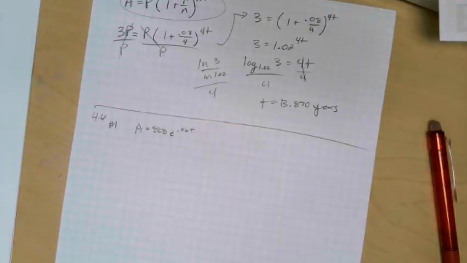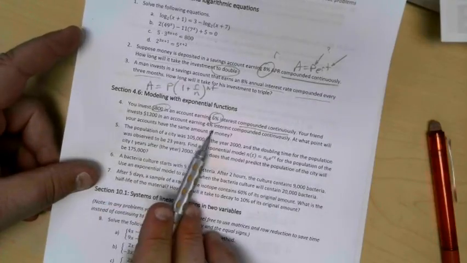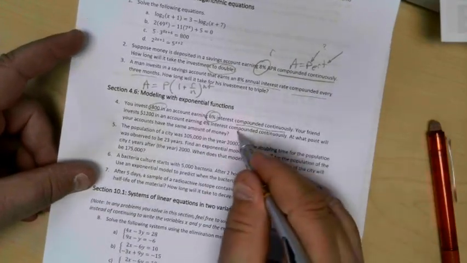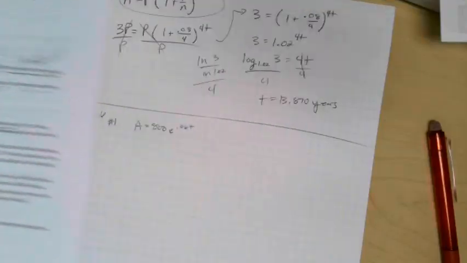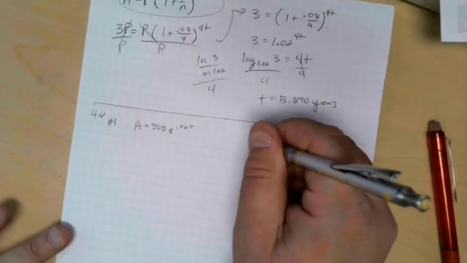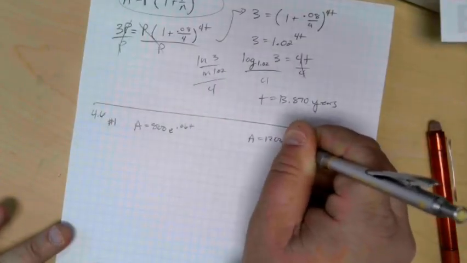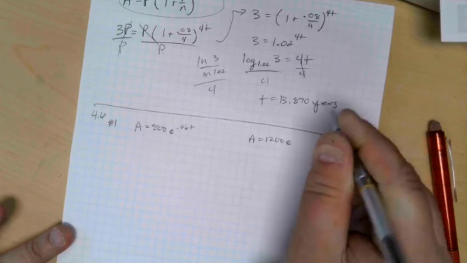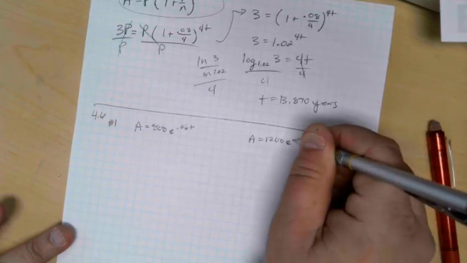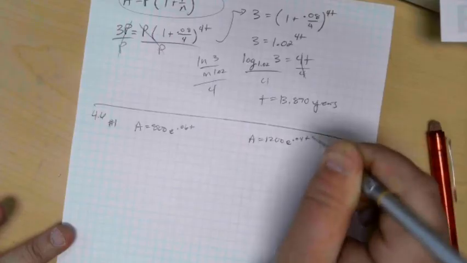Okay? And, oh, look, it says there's another guy. He puts 1,200 earning 4% compounded continuously. So it's the same thing. A equals 1,200 times e to the 0.04 times t.